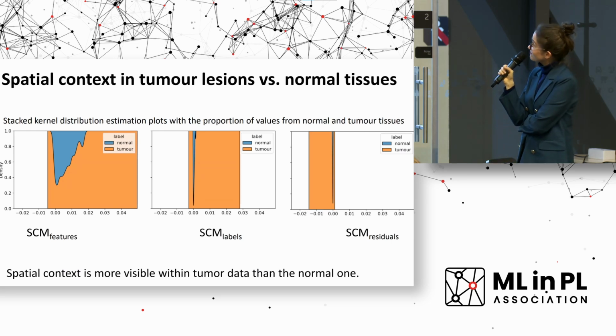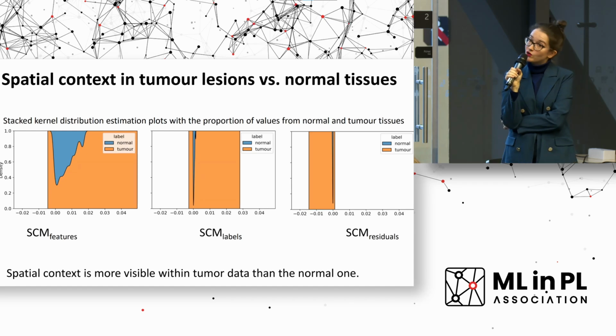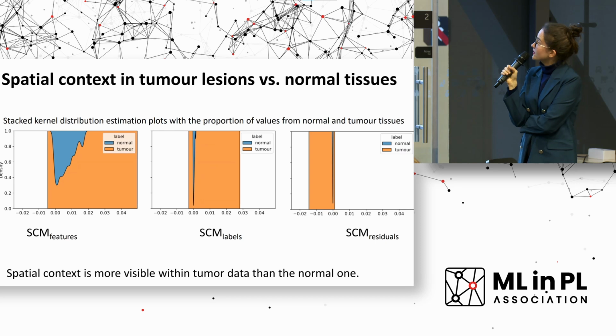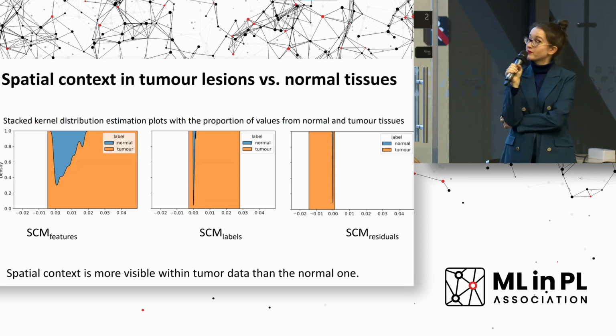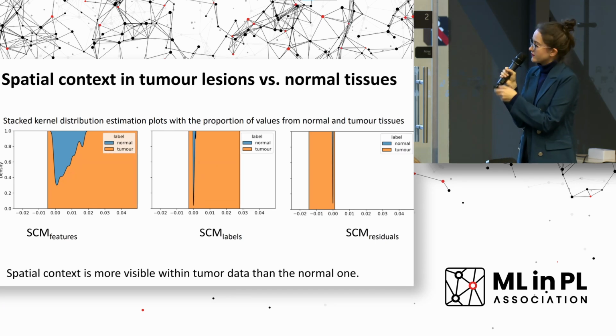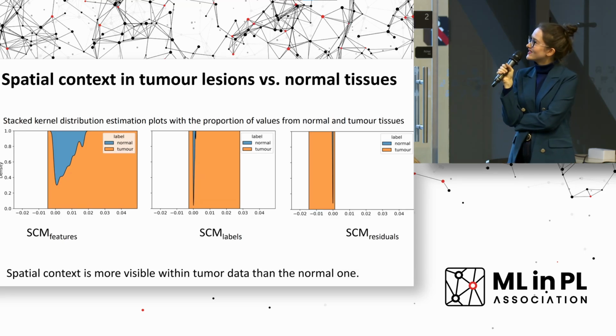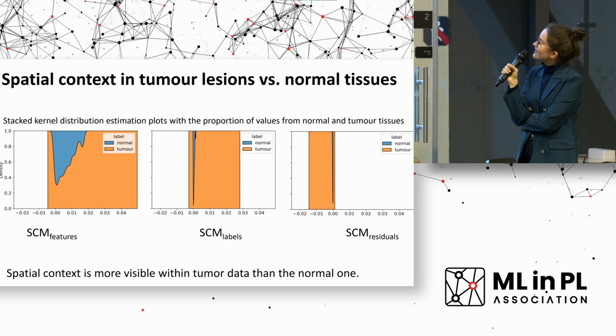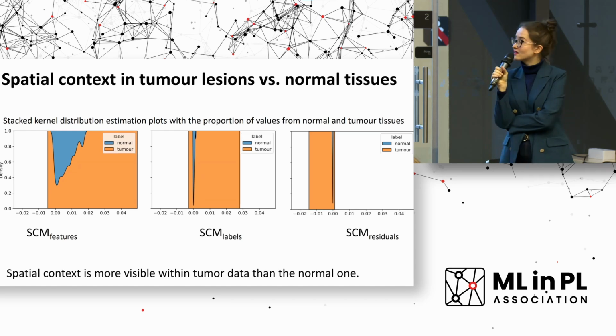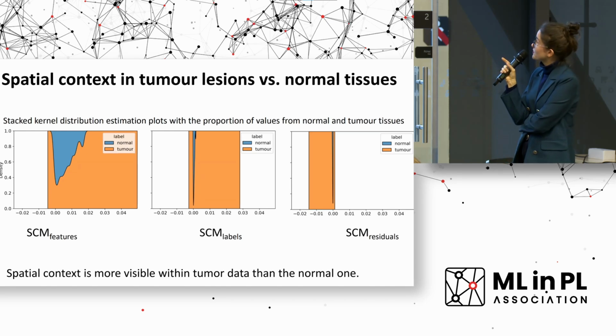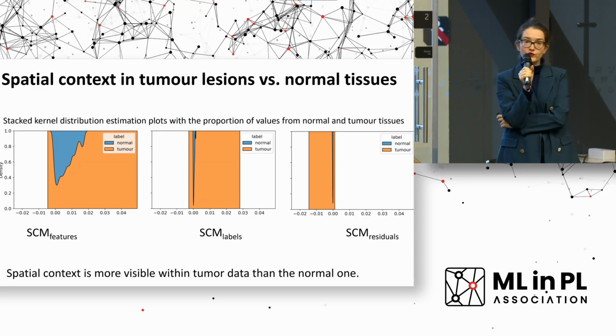And here we can see the proportion of the number of cases with tumor and the normal ones having particular spatial context measures. For the first plot with SCM features, where we used this W matrix for the features themselves, we can see that, first of all, the range of the values for the context measure is the biggest, because it's the same x-axis for all three plots.